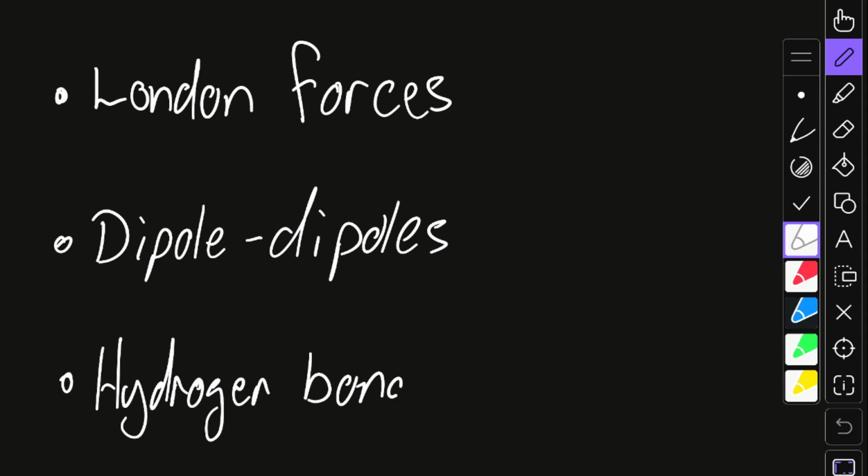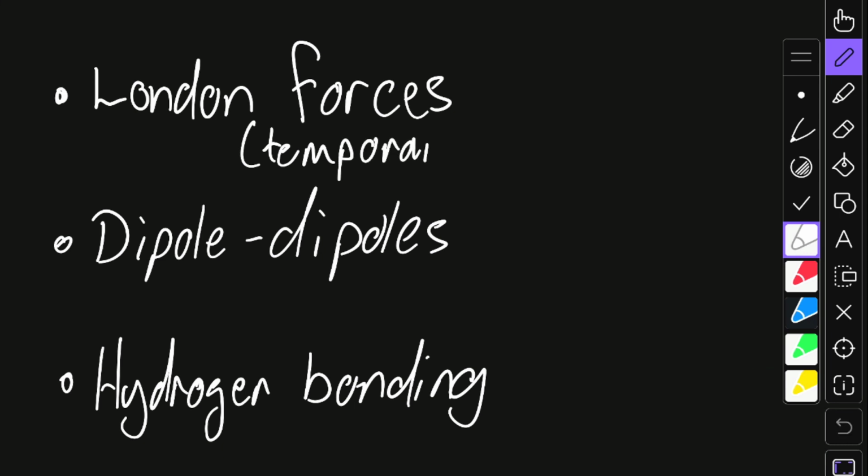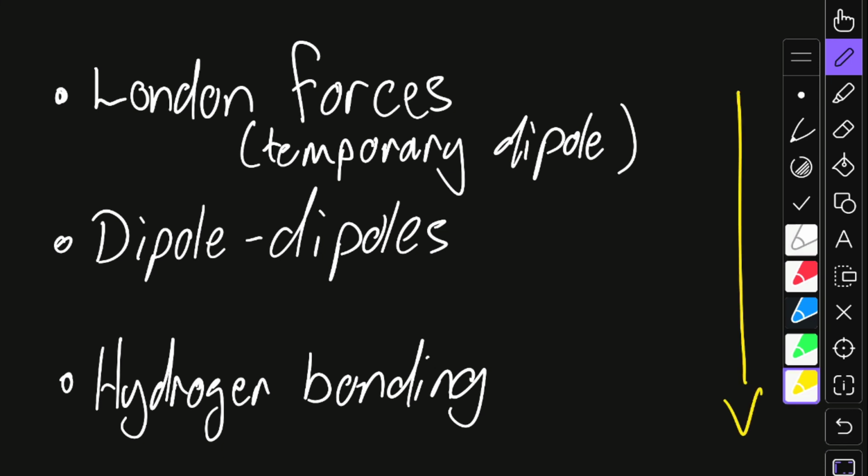Okay, so the reason that I've done them in this particular arrangement, and some of you might have actually called this London forces, sorry, temporary dipole. The reason that I've done them in this order is because they are in order of increasing strength. So that's going to become very important later on. So that is becoming stronger.